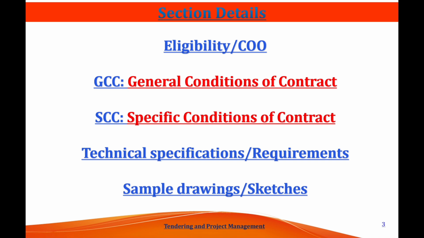As I said before in the beginning of the video, the two other sections may be there, may not be there, depends on the type, nature of the project and the client or employer. So in case of some tenders I have seen, they provide the technical specifications or terms of requirements to specify what are the technical nitty-gritties of the project, what are to be done, what is the scope in detail, and what specifications to be followed for supplies or development or construction, in short.